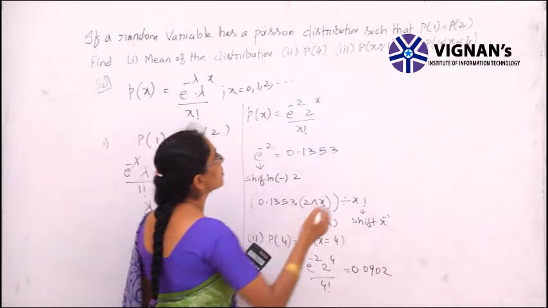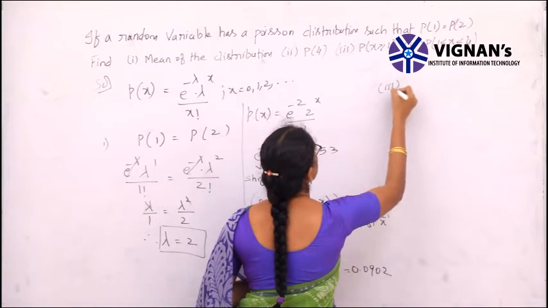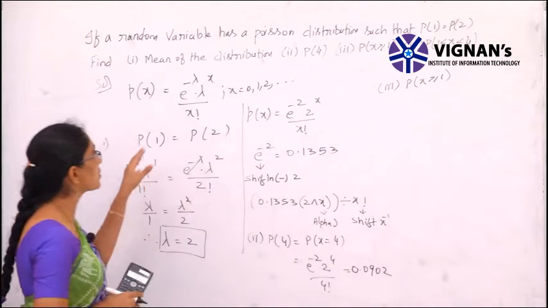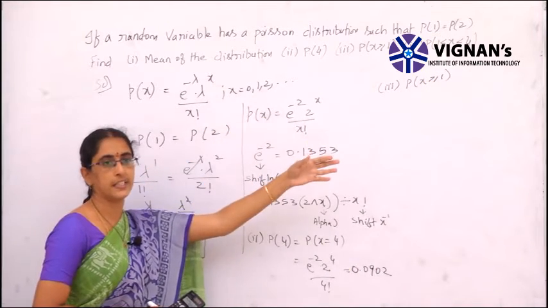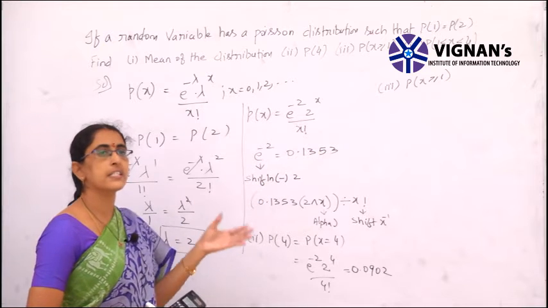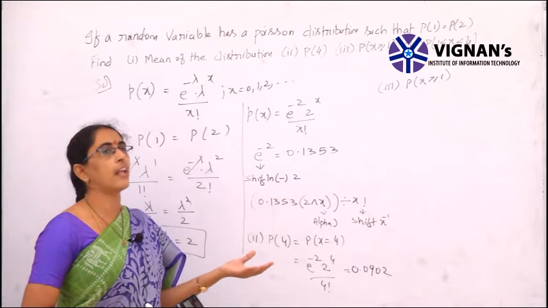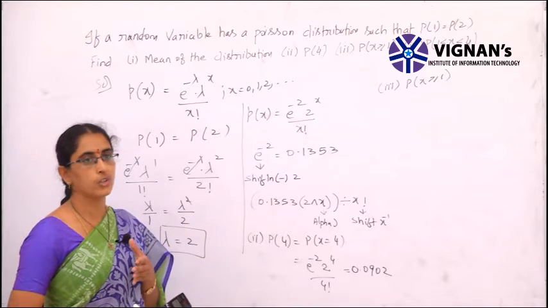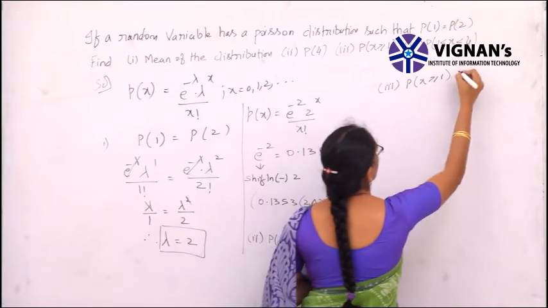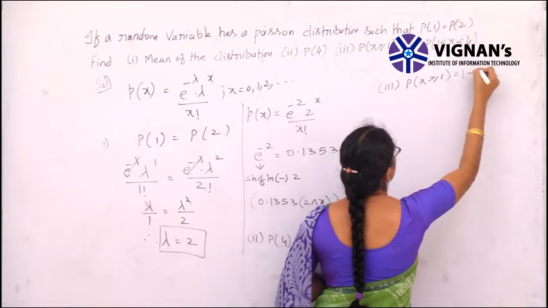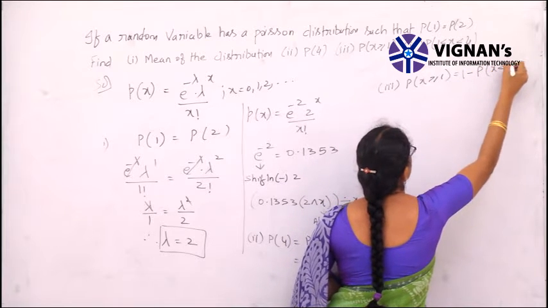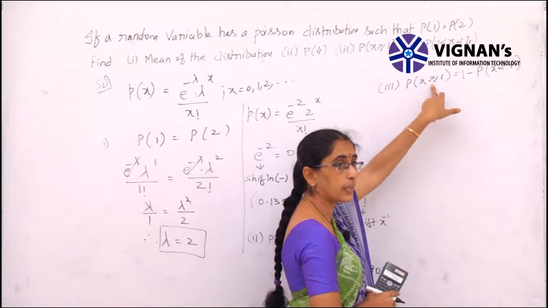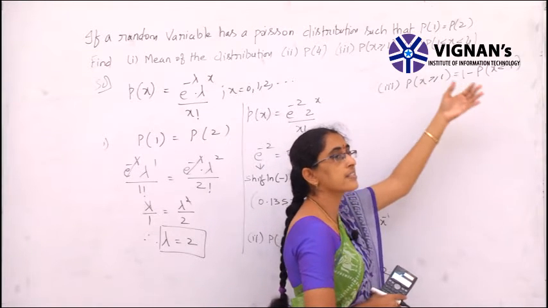Now what is the third bit? Probability of x greater than or equal to 1. Here x is defined from 0, 1 and so on to infinity. So x greater than or equal to 1 means exactly x equal to 1 and more than that, 2, 3 and so on. It is highly impossible for us to find all those probabilities. So let us consider the formula 1 minus probability of x less than 1. Why are we taking less than? Because greater than or equal to means x equal to 1 and x equal to 2 onwards.